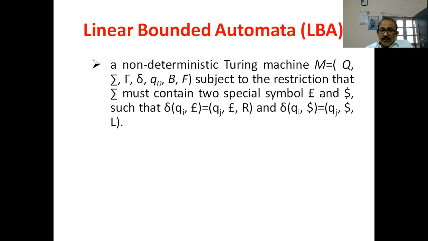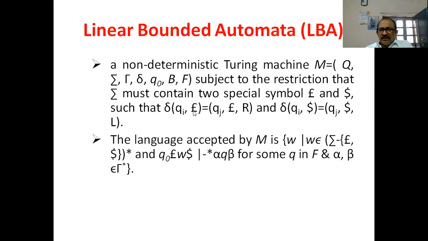There is no left movement here; you can't specify L if the machine reads the pound sign, so it will never go to the left of the pound sign. And suppose the machine is in any state and reads the dollar sign, the movement will be in the left direction, not the right direction. These two are the restrictions we impose on the Turing machine. Then it becomes a linear bounded automaton.